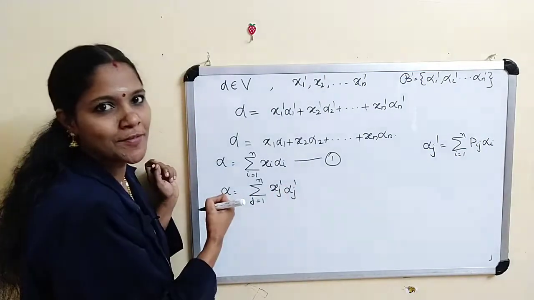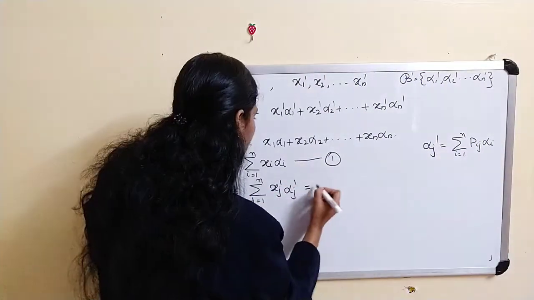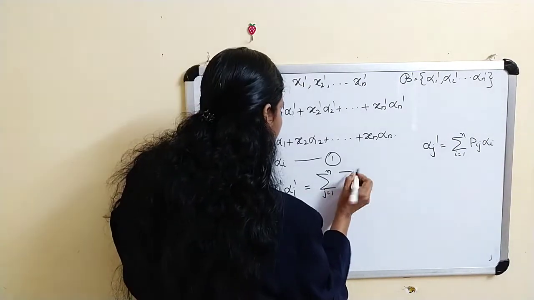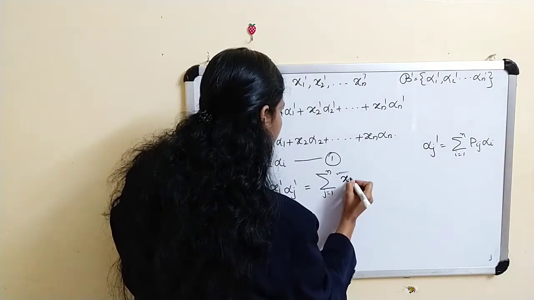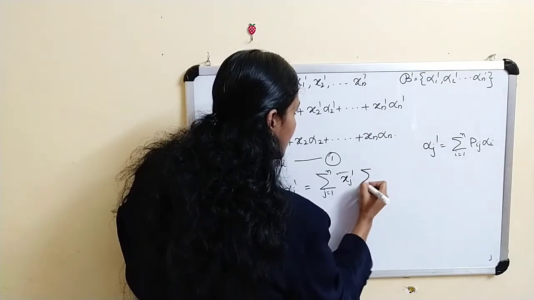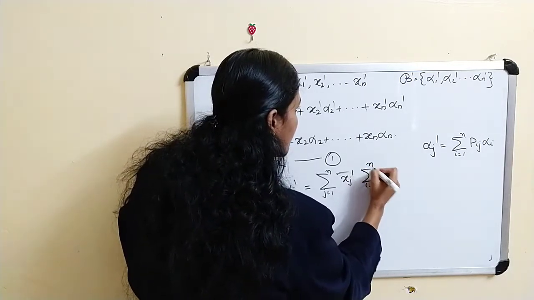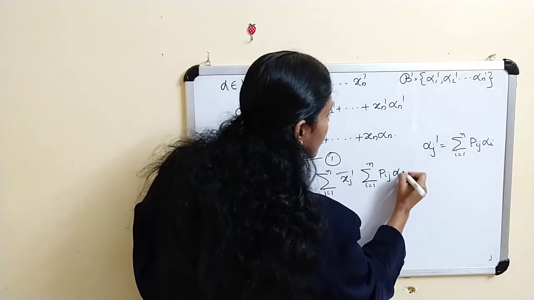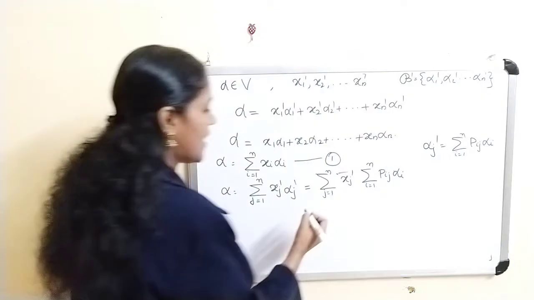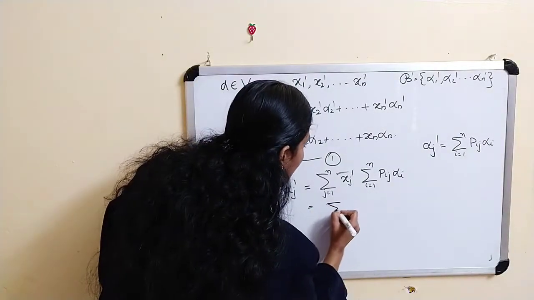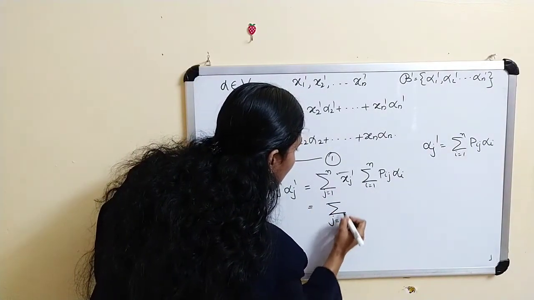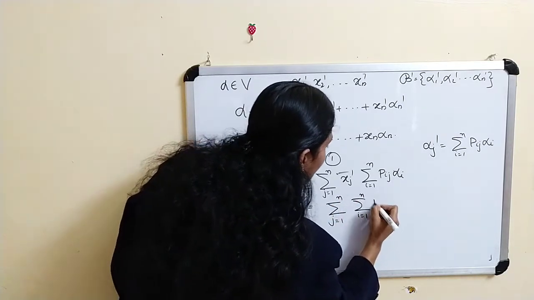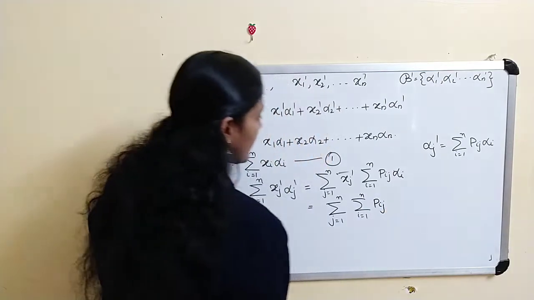Substituting that here, we get sigma j varies from 1 to n, xj dash times, for alpha j dash, sigma i varies from 1 to n pij alpha i. And this is equal to sigma j varies from 1 to n sigma i varies from 1 to n pij xj dash alpha i.